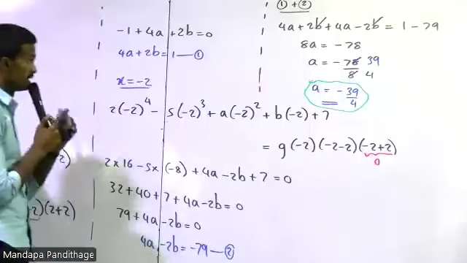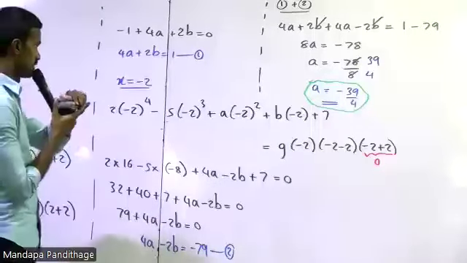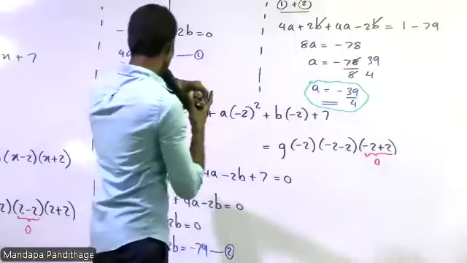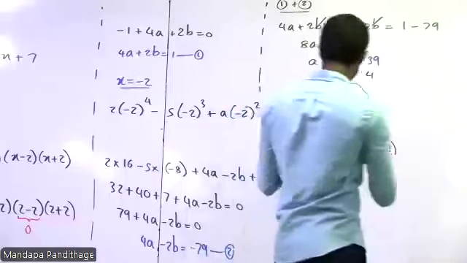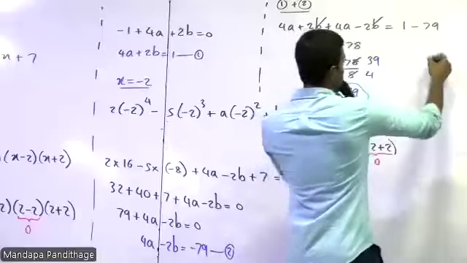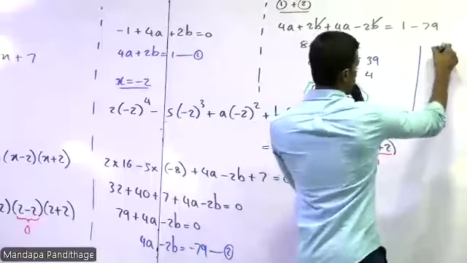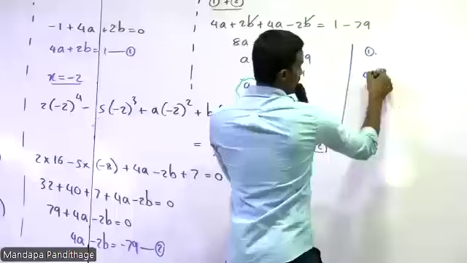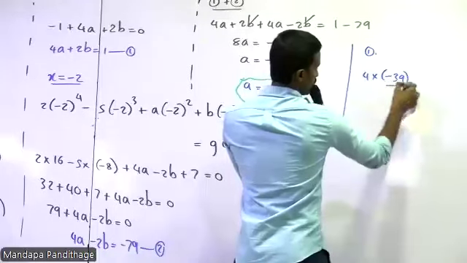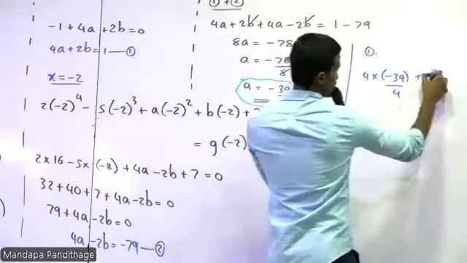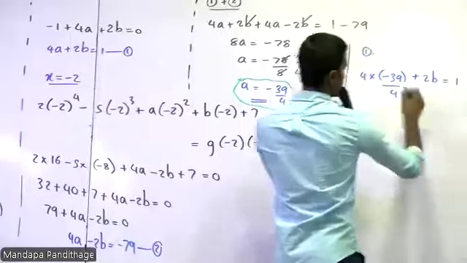And then find b using any of these equations. If I go with equation number 1, for a is minus 39 over 4, plus 2b is equal to 1.